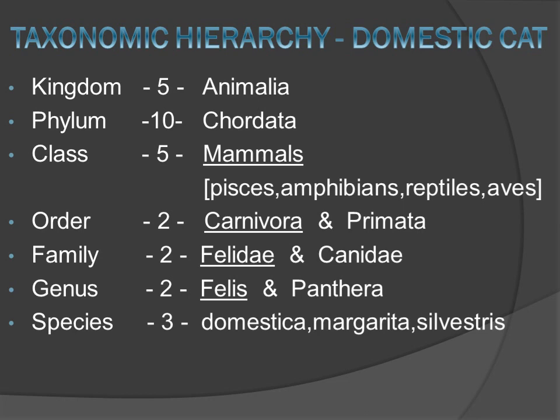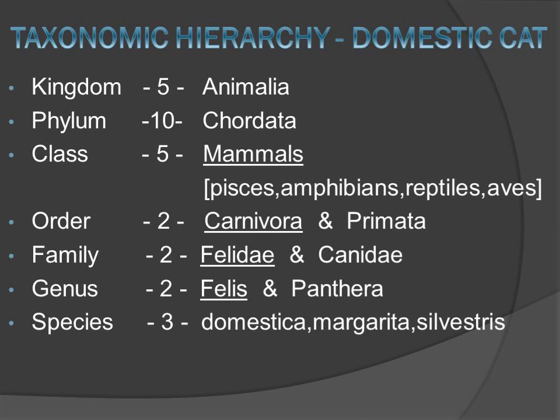Among this, domestic cat comes under Carnivora. Carnivora means dog, cat comes under this type. And Primata means monkey, ape, man comes under order Primata. So now we can say domestic cat is coming under this order Carnivora.